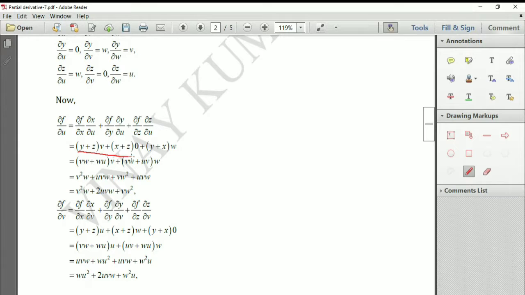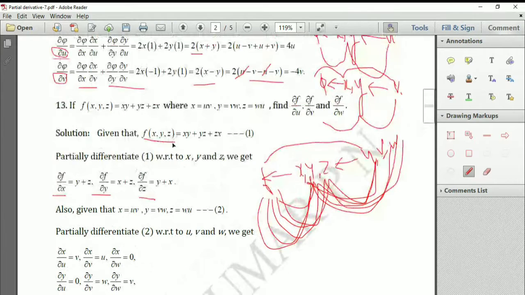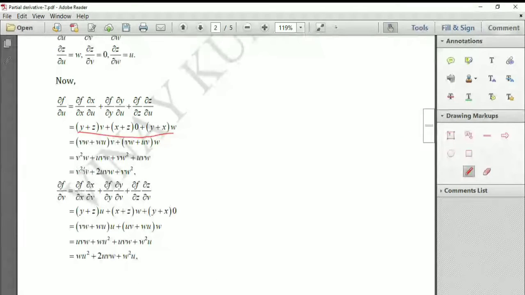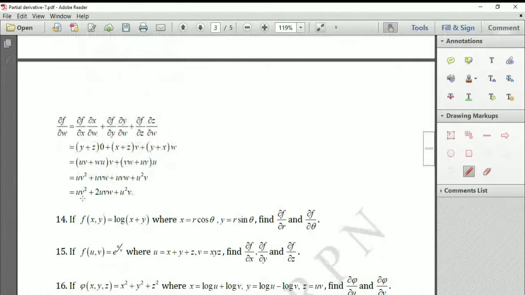You have to substitute what is your x, y, z and bring it to an equation involving only u, v, w. Do that for all of them, right? You'll get the required answer.